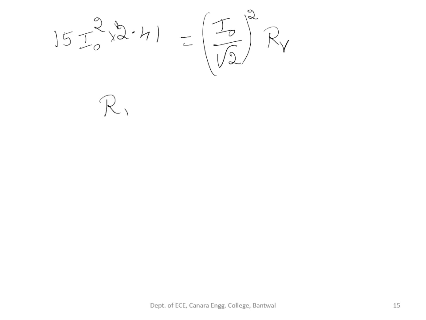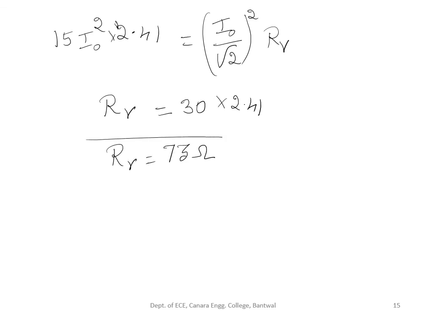Therefore, radiation resistance is equal to 30 into 2.41, which is equal to 73 ohm. So 73 ohm is the radiation resistance of the lambda by 2 antenna.